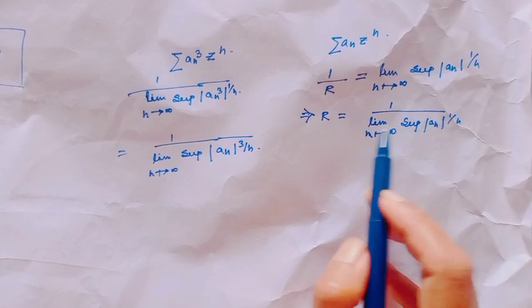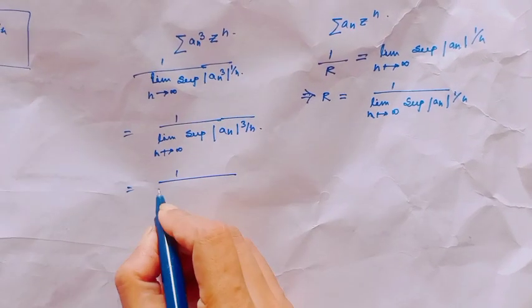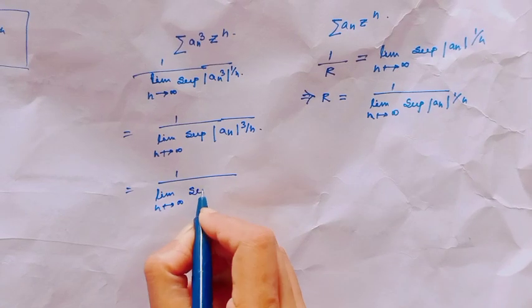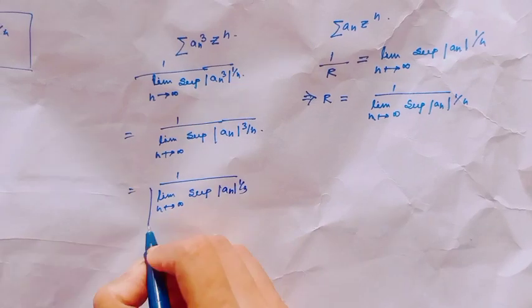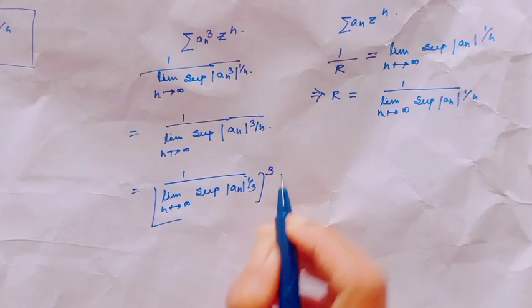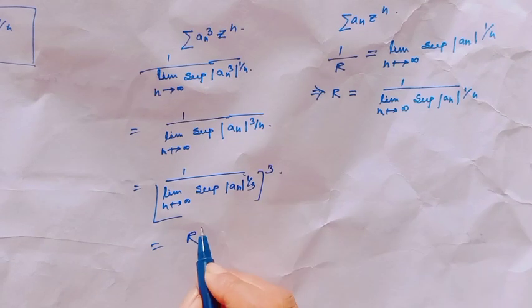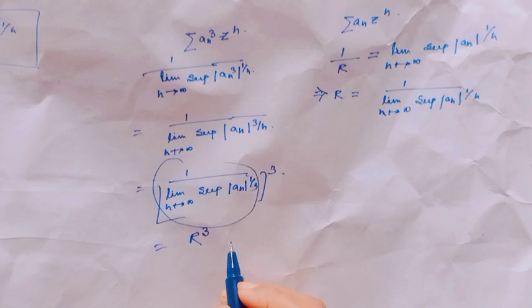So we can write this as 1 over limit n goes to infinity supremum of a n to the power 1 over n, whole cube, and this value is r. Therefore, this value is r cube.